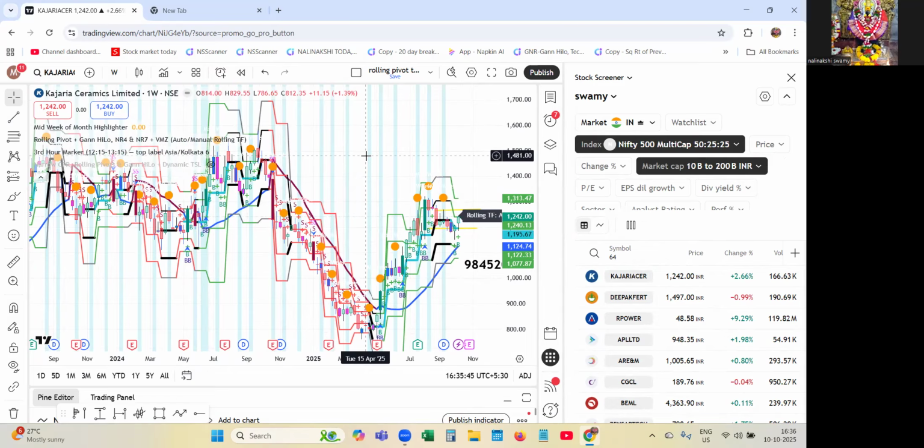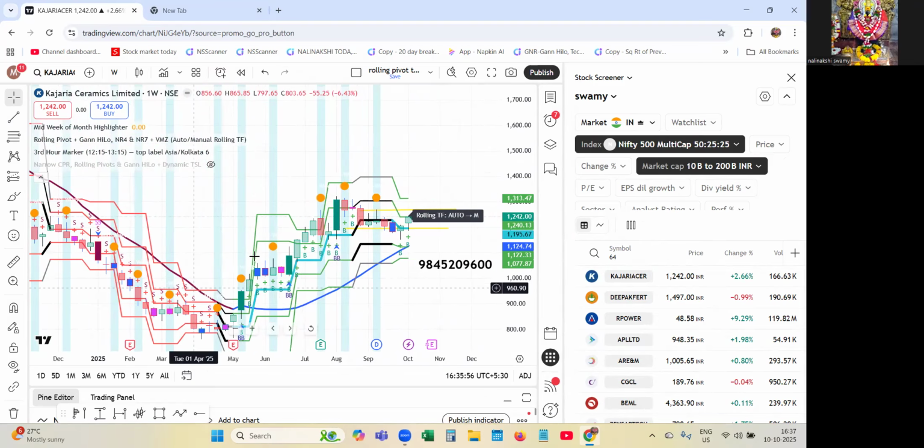You can keep it. Why? Because this is the area where it has lost its balance. Probably price can go up to this. Now already it has moved higher, but at present you can take a short swing in this stock, Kajaria Ceramics. Everything is perfect.